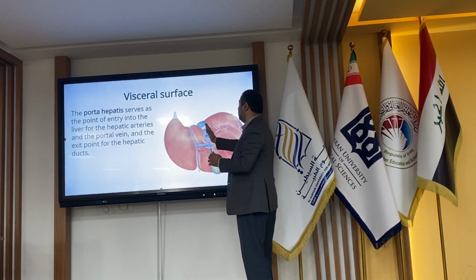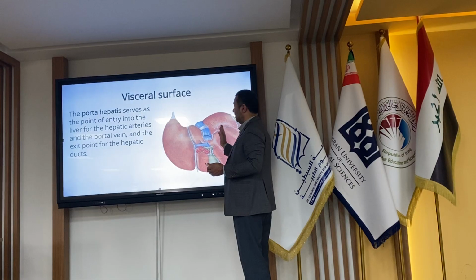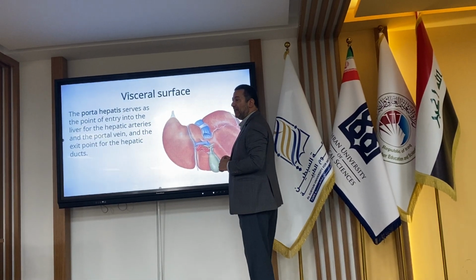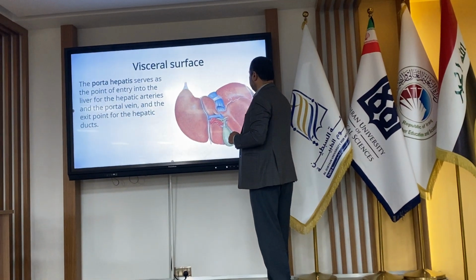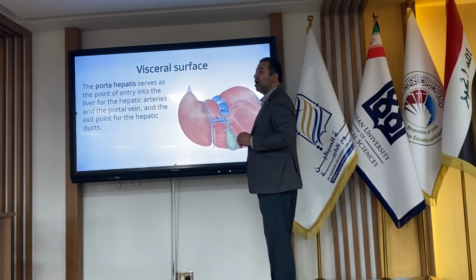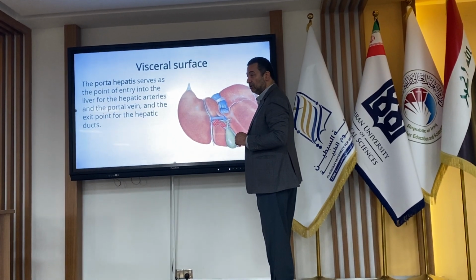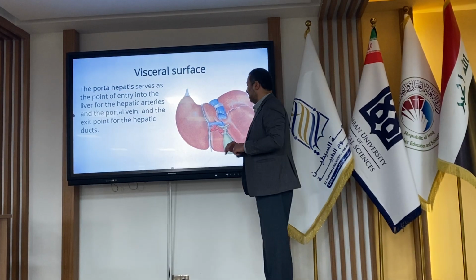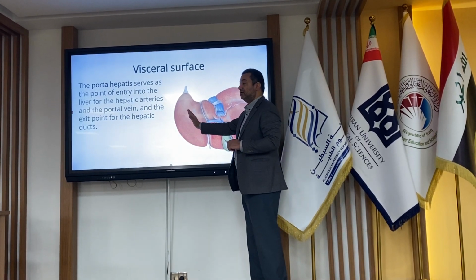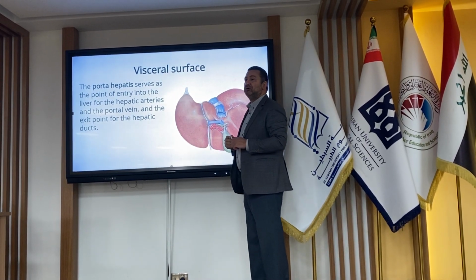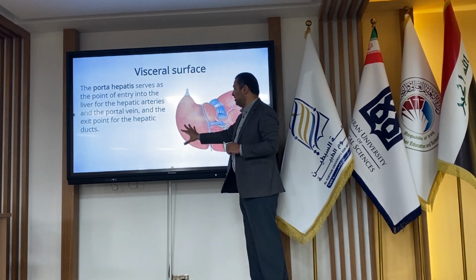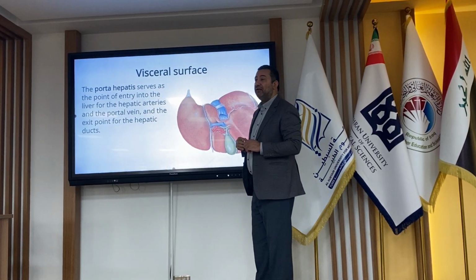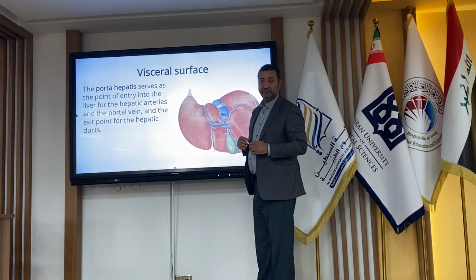On the right side of the inferior vena cava and gallbladder, this part is the inferior surface of the right lobe of the liver. And on the left side of the ligamentum venosum and ligamentum teres hepatis, here is the left lobe of the liver.